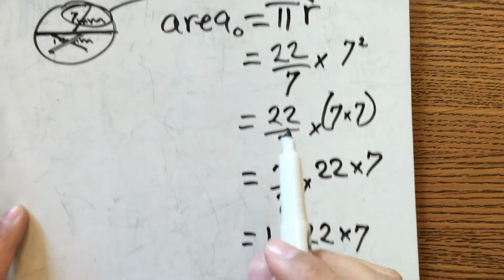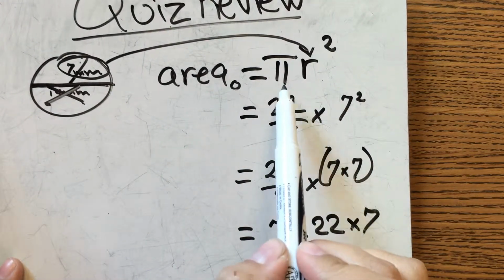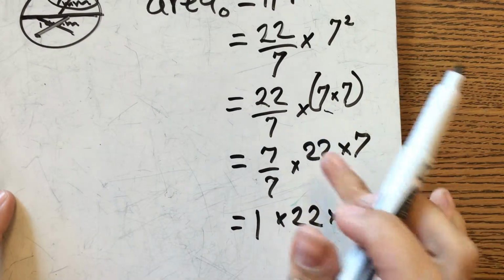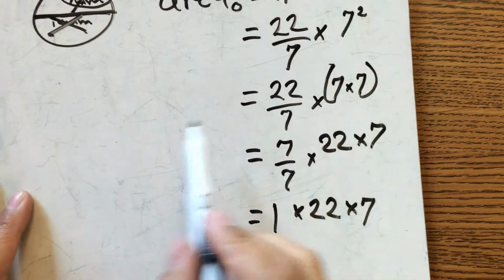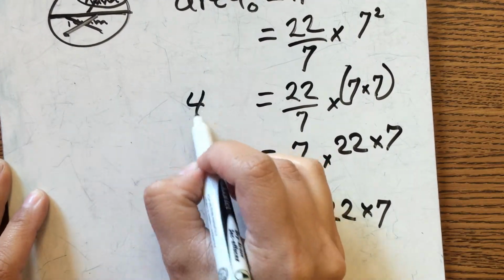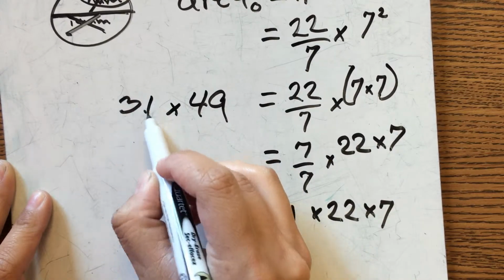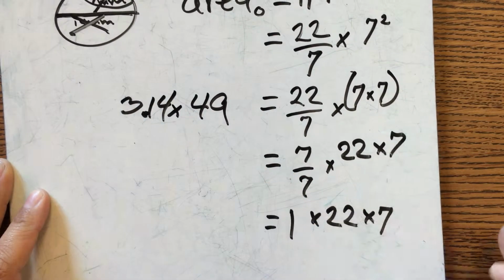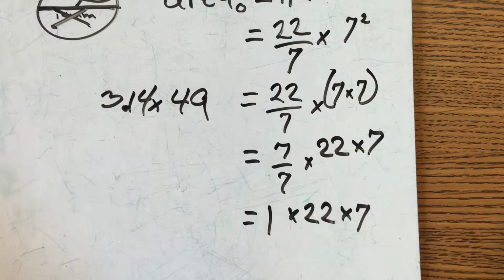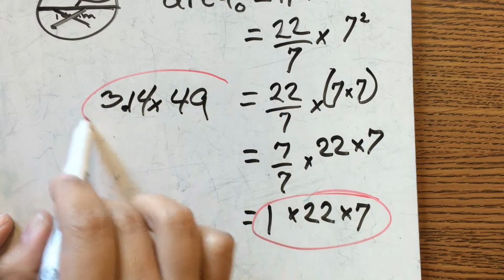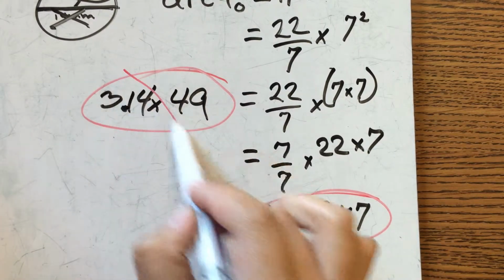Now, if you would have used 3.14 for this number, you would have squared 7. 7 times 7 is 49. And then you would have had to multiply it by 3.14. Now, I don't know about you, but I would much rather multiply 22 times 7 instead of 3.14 times 49.